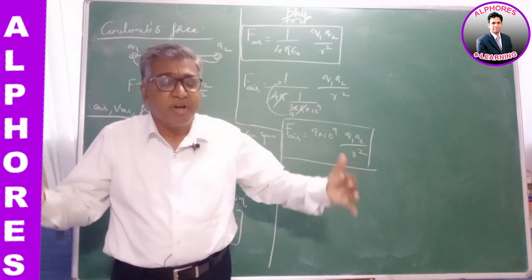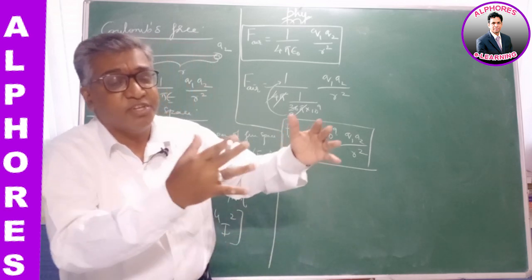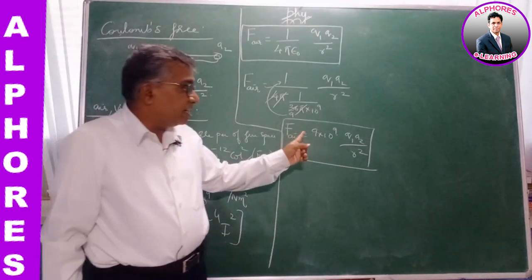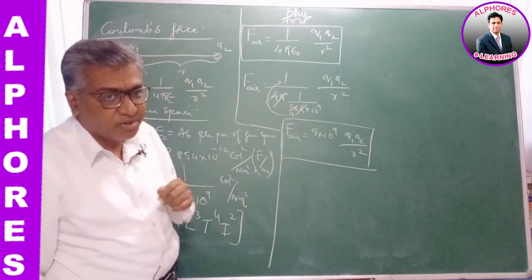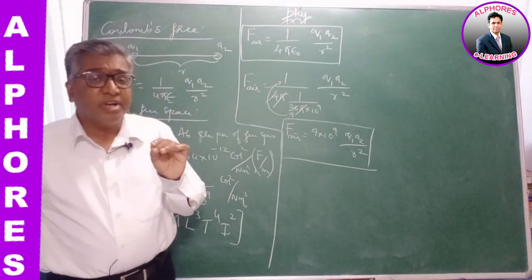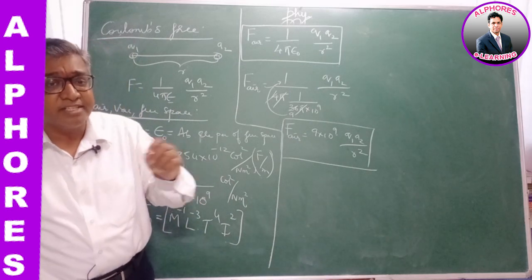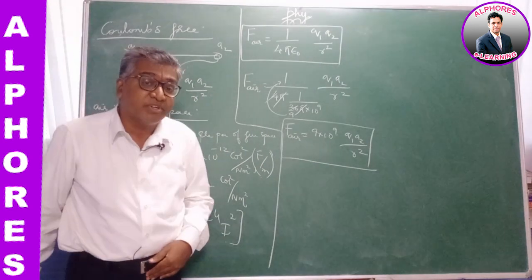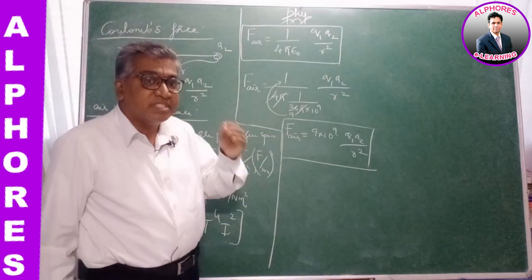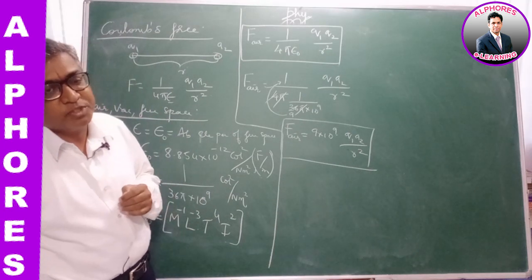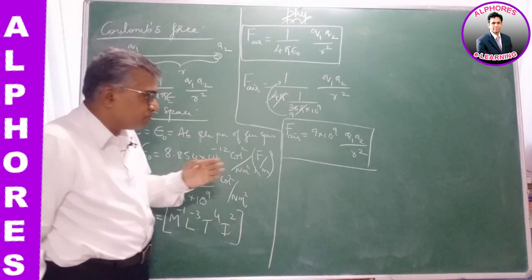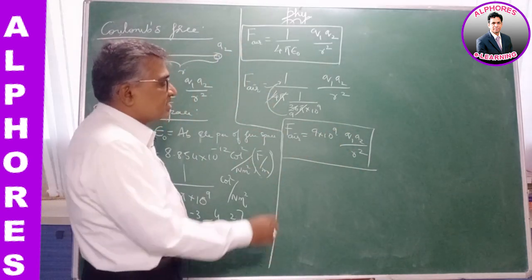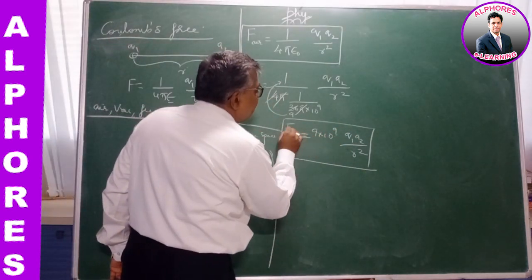For a huge mass like the earth, you get only a little amount of force. But electric force is very strong. When you take the ratio of electric force to gravitational force, it is almost 10 power 36 times. So it's 9 into 10 power 9 Q1 Q2 by r square, the force between two charges when they are in air.